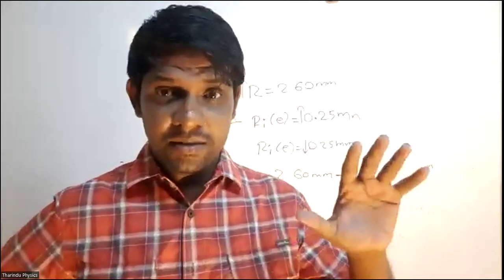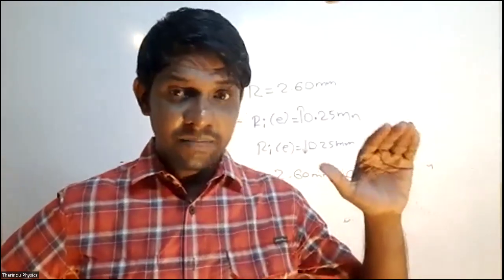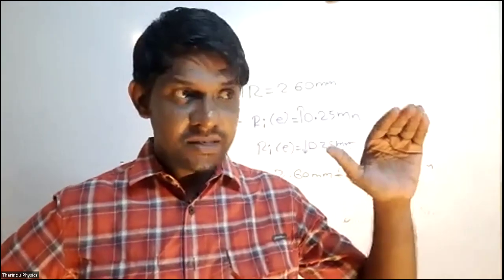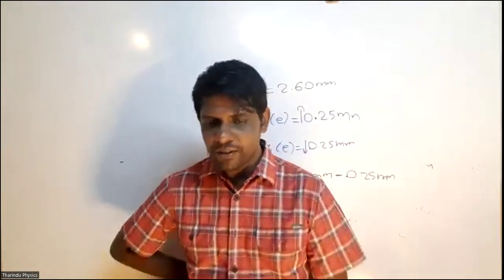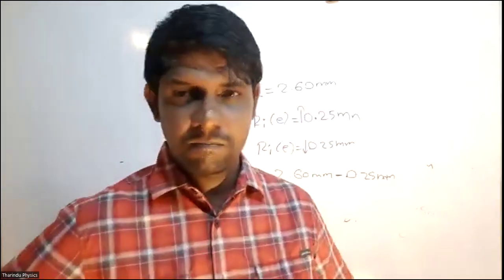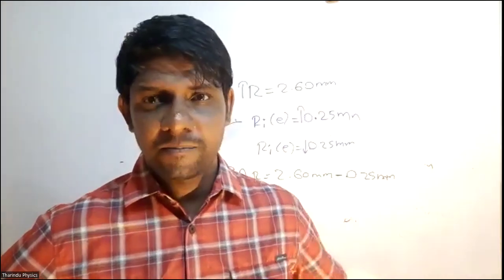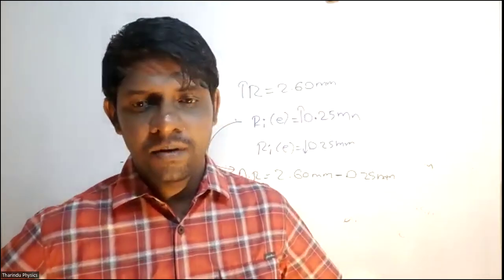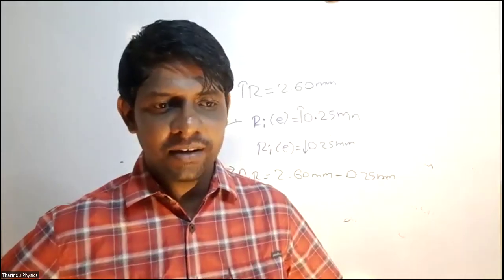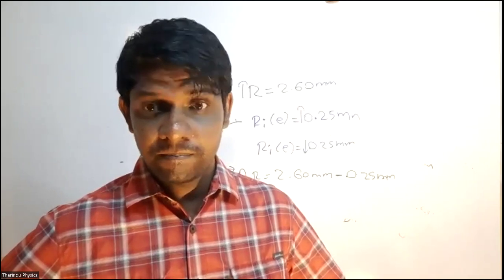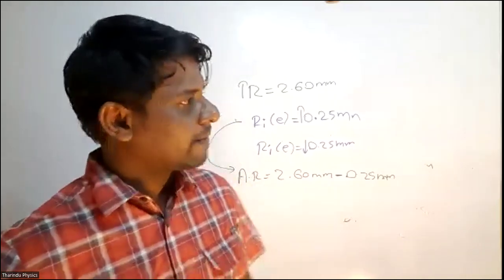If both the readings are on the same side, how to subtract the reading?